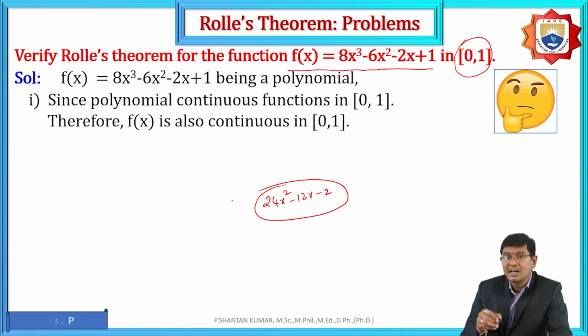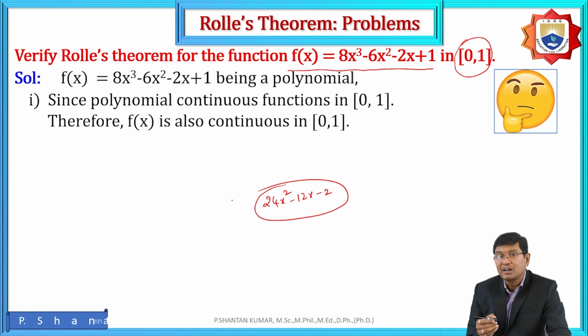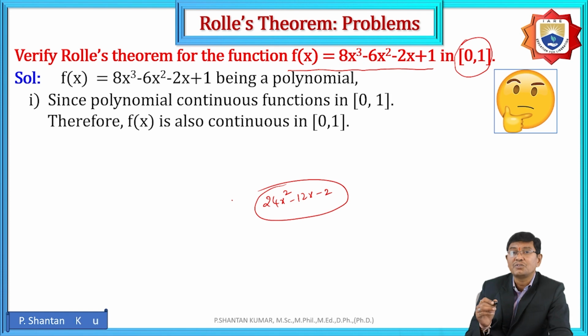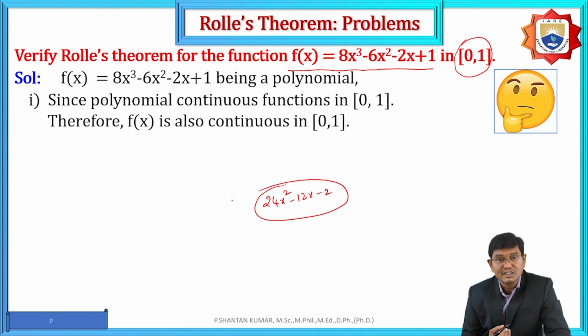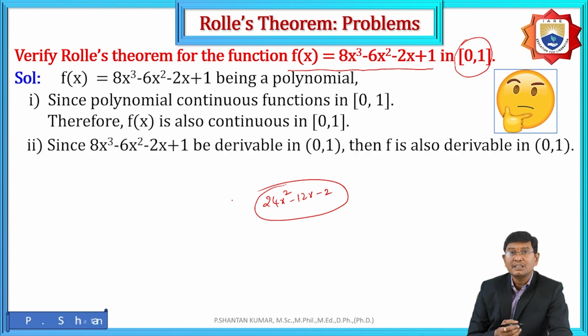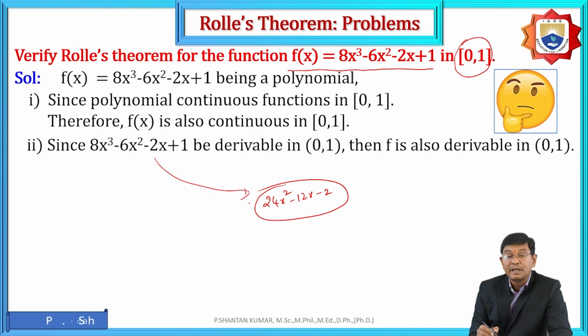Therefore the derivative exists, and moreover in the open interval this is also satisfied. Since f of x equal to 8x cube minus 6x square minus 2x plus 1 is derivable in the open interval (0, 1), f is also derivable in (0, 1).